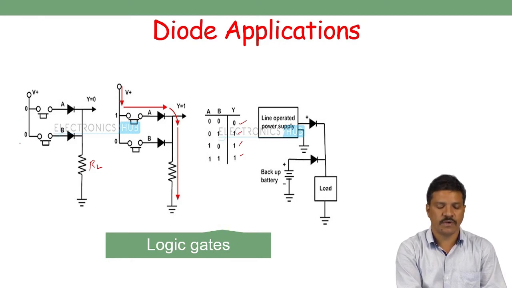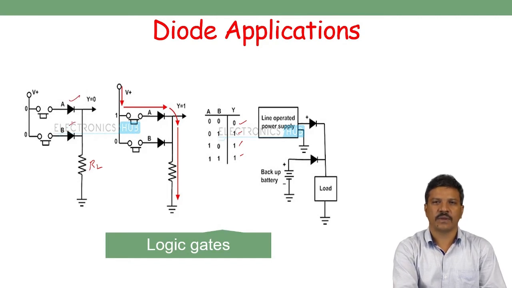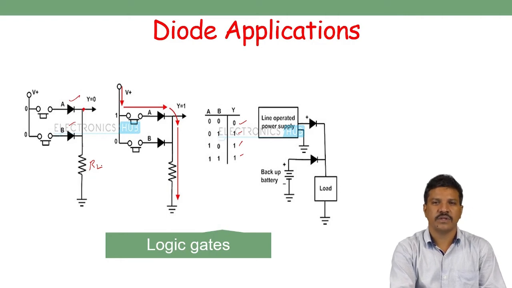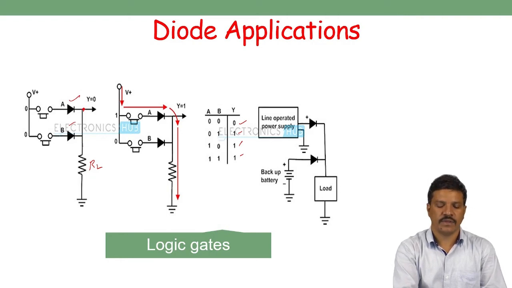When two zeros are given to the input, these two switches are open circuit and 0 is given. So both diode A and diode B are open circuit. When both are open circuit, the voltage available is 0 volts. So 0 volts is available across the load RL, which means Y is equal to 0.